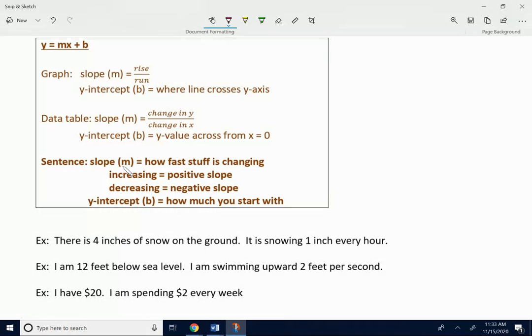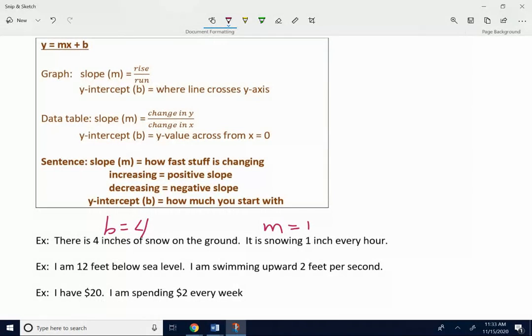There's 4 inches of snow on the ground. It is snowing 1 inch every hour. The y-intercept, b, is how much you start with. So we're starting with 4 inches of snow on the ground, so b is 4. The change, that it's snowing 1 inch every hour, that's your m, that's your slope.